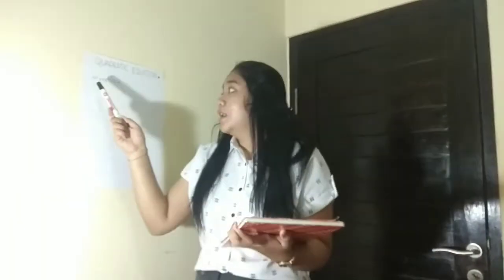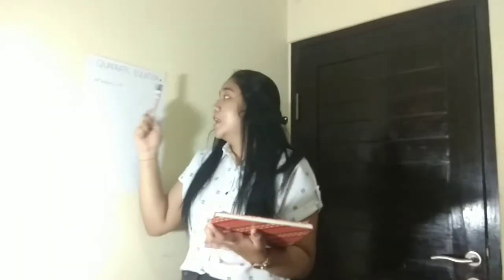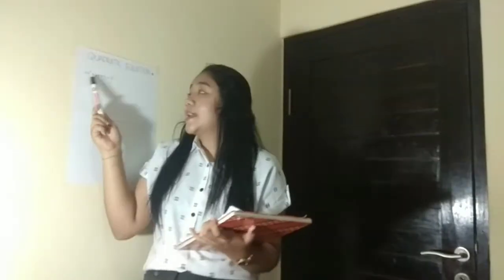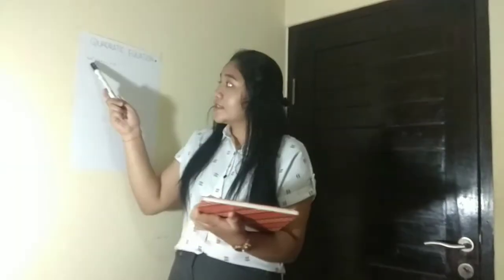The standard form is ax squared plus bx plus c equal to 0, where a and b are coefficients, c is a constant, and x is a variable. One absolute rule is that the first coefficient a cannot be equal to 0.